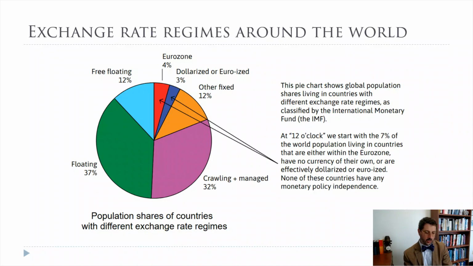Crawling usually means it's depreciating slowly, whereas managed means it could be appreciating or depreciating just a little bit. And so you can see that about half of the world is in some kind of fixed exchange rate regime.